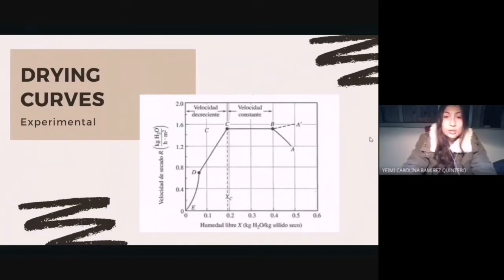At point D, the surface is completely dry. The amount of moisture removed during the decreasing rate period may be very small, but the time for this can be very long. It depends on how dry the material is wanted.